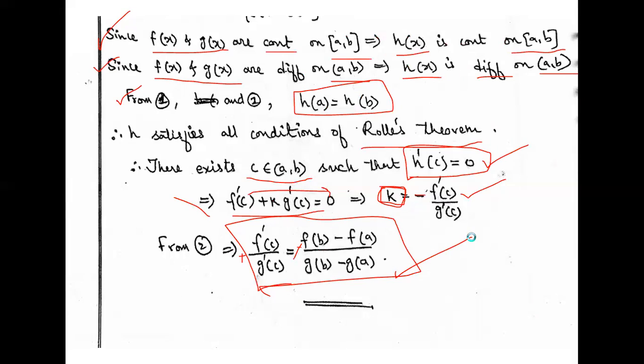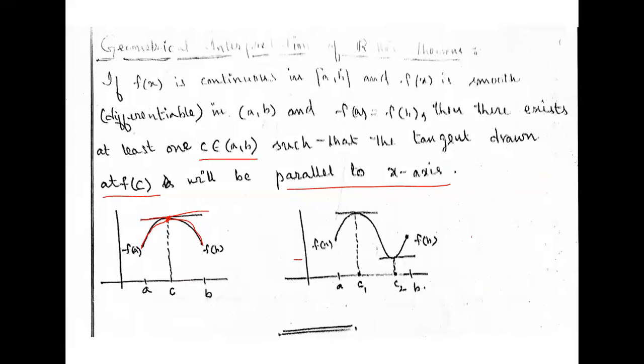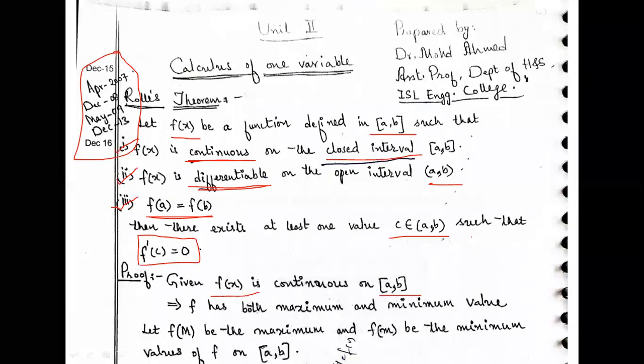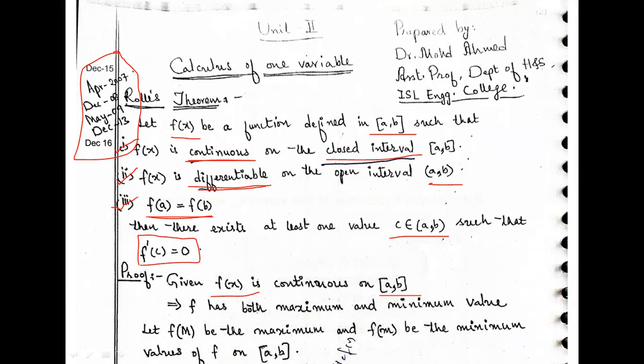Okay, these three theorems and the geometrical representations are extremely important. These are the easiest, 100% guarantee important questions, and definitely it will help you in exam. So don't forget to practice it.